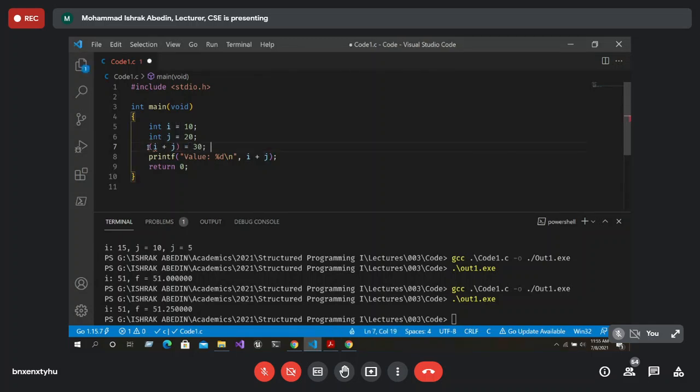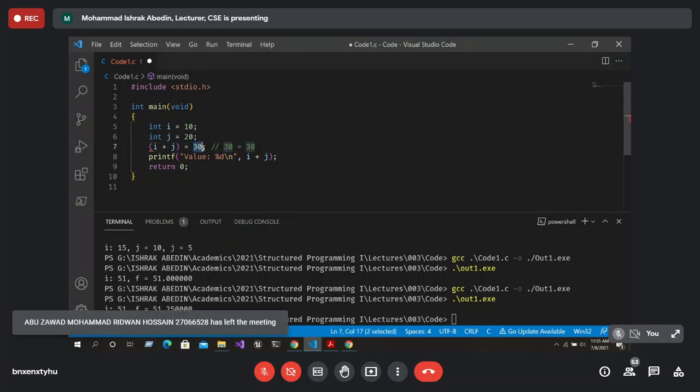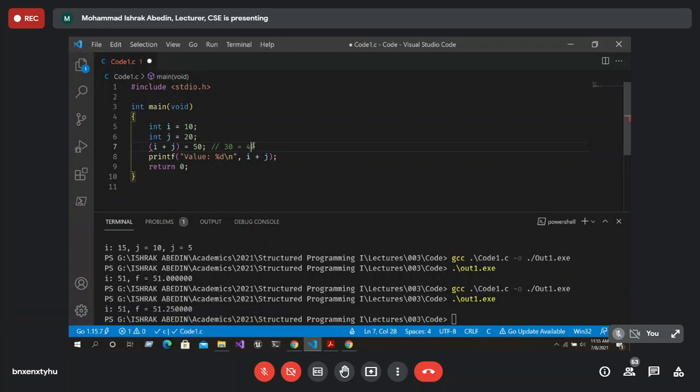My expression becomes 30 = 20, so I am trying to assign a value to the constant 30, which is not acceptable. I could even make it 50, and then we'd be trying to assign the value 50 to the numeric constant 30, which is incorrect. So the left-hand side of the assignment operator must be a valid L-value, or a valid variable. Think of them as just variables for now.